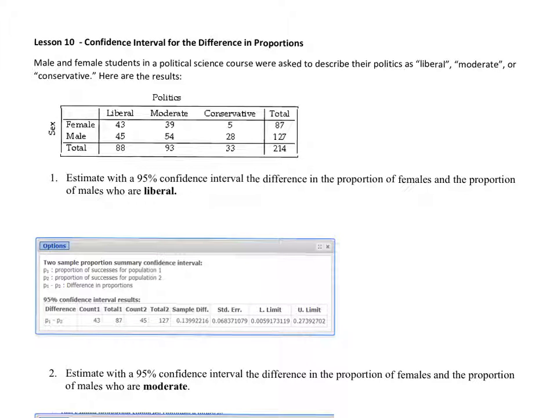So we'll start off by doing a 95% confidence interval to estimate the difference in the proportion of females, which is P sub f, and the proportion of males who consider themselves to be liberal. Remember, the confidence interval has two pieces: there's always a point estimate plus or minus a margin of error.